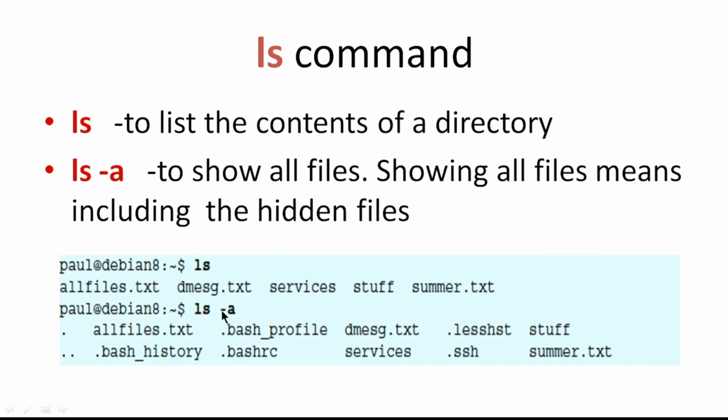If I use ls -a, you can see here it is showing me all the files, along with the file names with a dot in front of them. So dot files are hidden files. If I want to visualize all the hidden files, I'll be using ls -a.